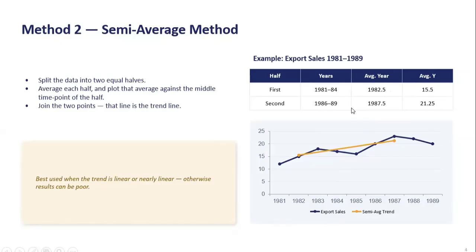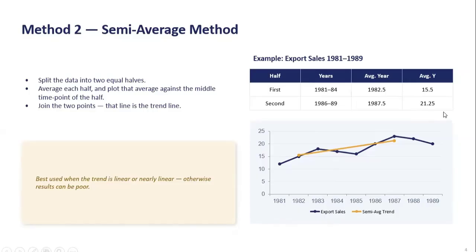For the first half, the total exports are 62 million. So the average, 62 divided by 4, becomes 15.5 million. And the middle year of the group is 1982.5.